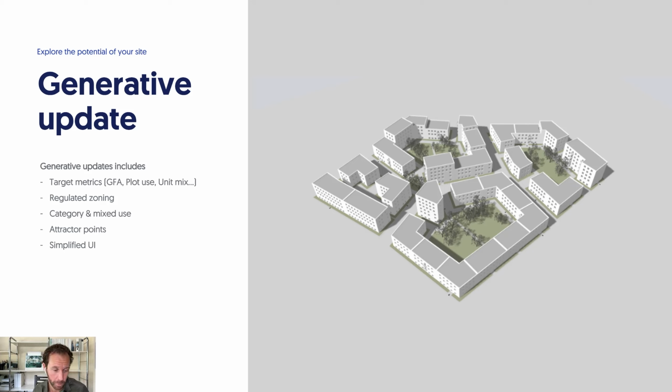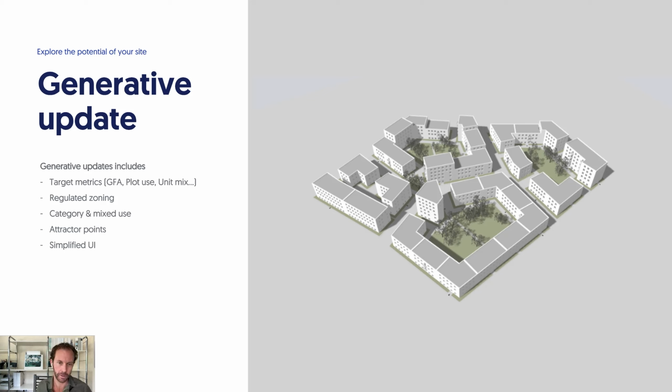The final aspect: we showcased some parts of the generative tool earlier on, and we are taking it a couple of steps further. You will be able to, for example, define targets or thresholds of what type of plot utilization you want to achieve. Is there any specific GFA, any specific unit mix? Being able to define regulated zoning, so let's say an area where you're not allowed to build buildings, you can exclude that from the whole generative part.